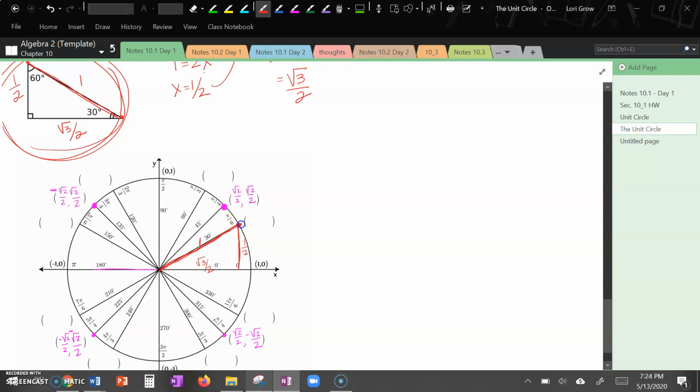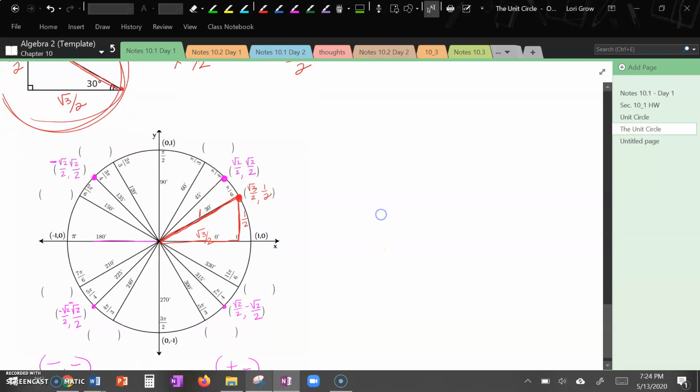So if I was looking at this point right here, to get to this point, I need to go root 3 over 2 in the X direction and 1/2 in the Y direction. That would be the coordinate of this point.